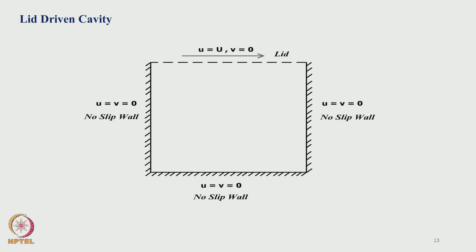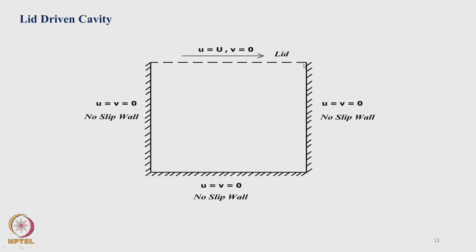So, here we will see few examples. The first one I am showing here is a lid driven cavity. It is a cavity, the hash mark that is shown on the sides represents a wall, and on the top there is a lid, and that is driven with the velocity u equal to capital U and v equal to 0.